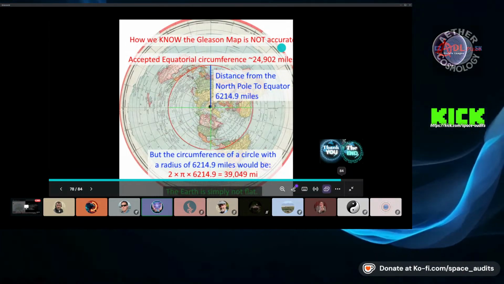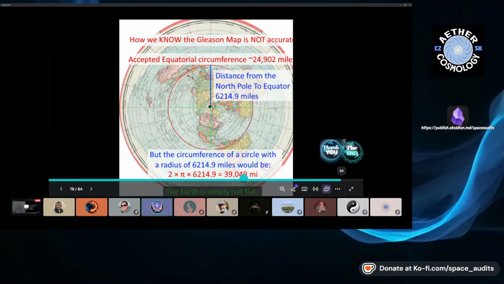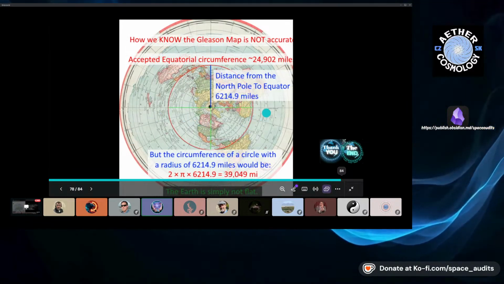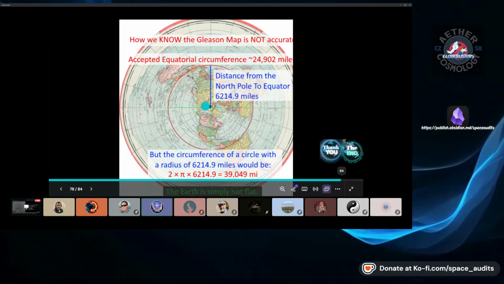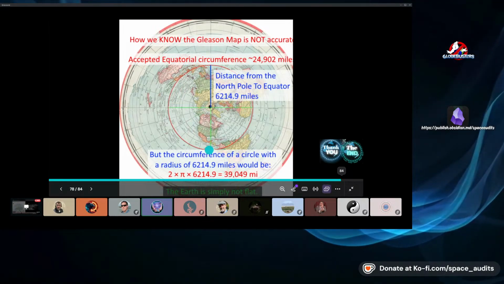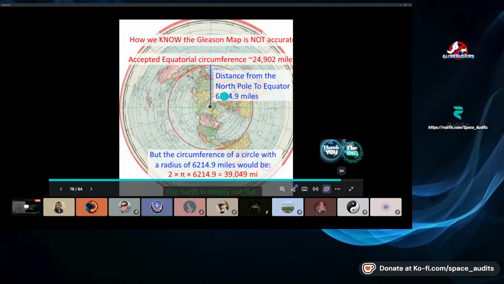He says, how we know Earth isn't flat. He's using this flattened out spherical graticule projection, saying that's how we know it's not flat. He's saying the distance from the North Pole to the equator is 6214. Oh, we agree with you there, right? 69 point whatever times 90 gives you this figure. Cool.